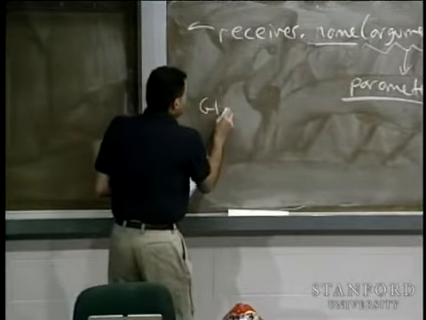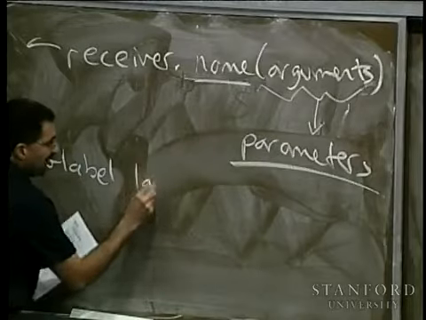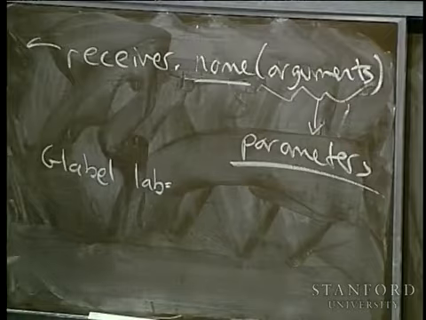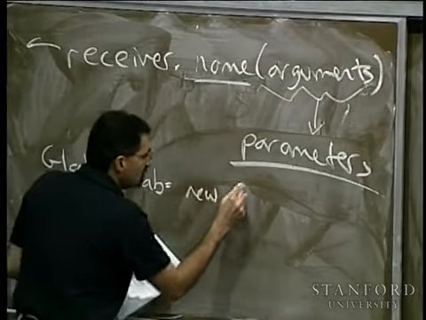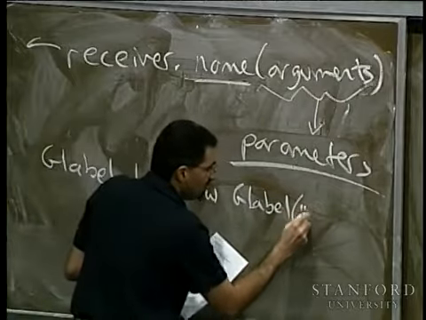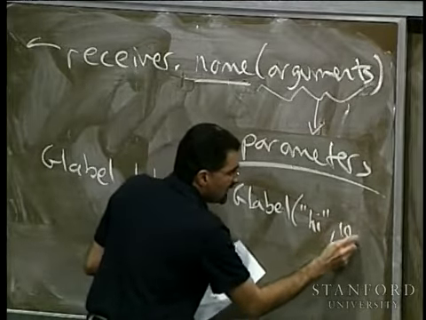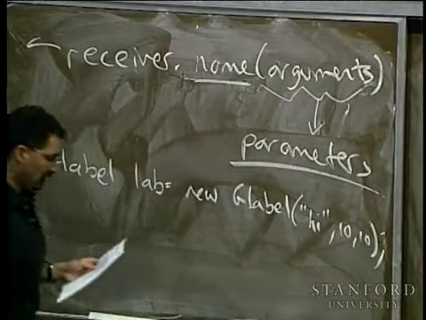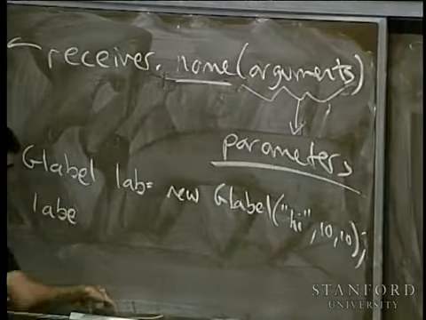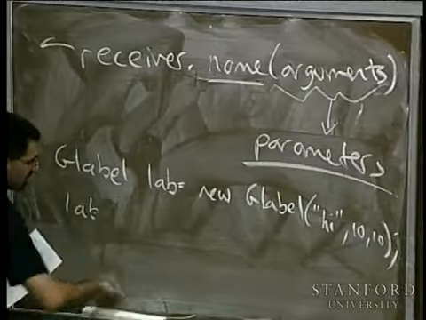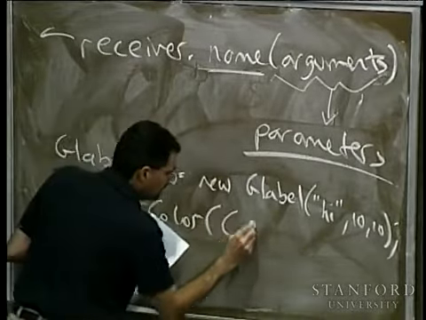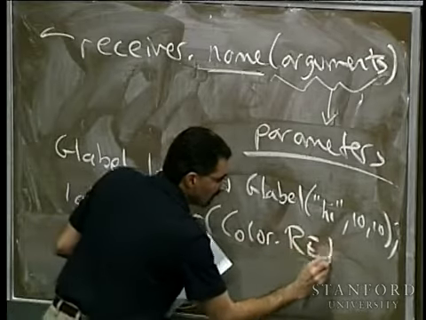So if we have our friend GLabel, and I declare, let's say, I'll just call this lab to make it short, which is short for label, and I ask for a new GLabel, and I'm just going to give it the words hi at location 10, 10, just to keep it short and fit it on the board. And then I set its color by saying label, or in this case just lab, dot setColor is Color.red.